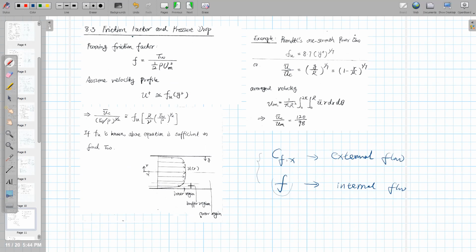In the buffer region, the turbulence has some effects but is not dominant. And in the outer region, when y plus becomes very big, it's fully turbulent. We need to find what this distribution will be.